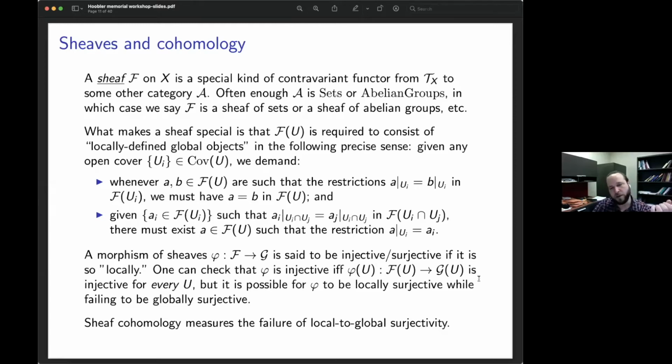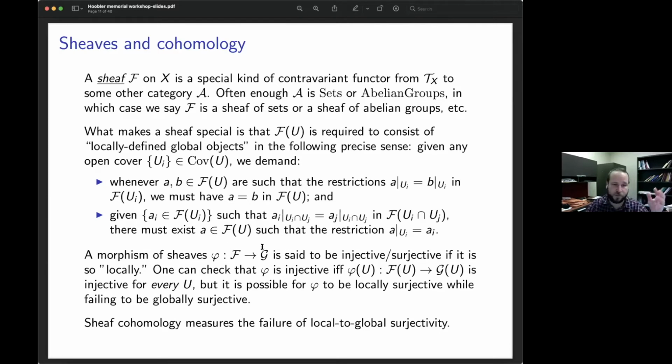But for now, let me point out an immediate problem that you run into when looking at sheaves, which is that there's a notion of morphism of sheaves. It's a natural transformation of functors, whatever.